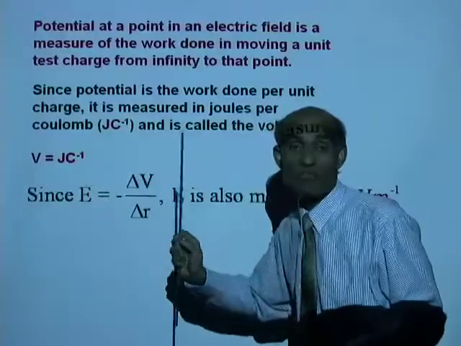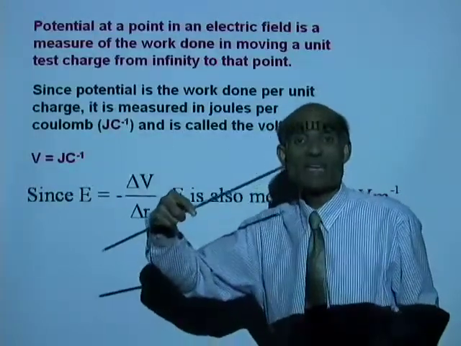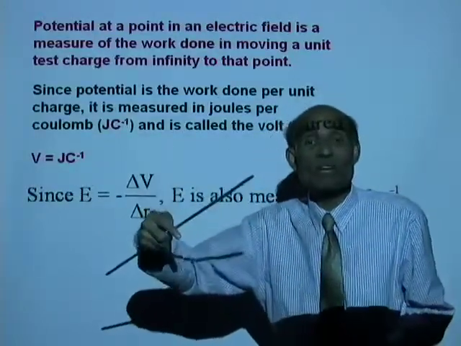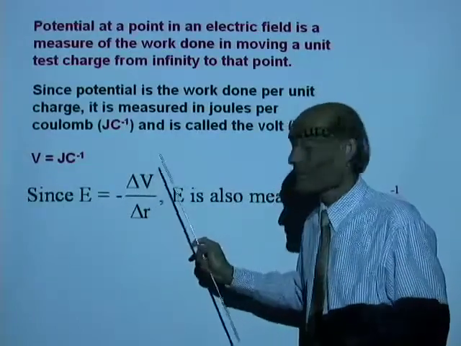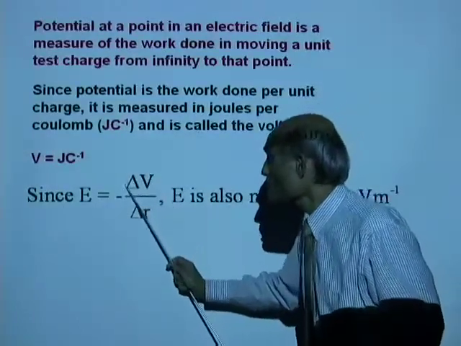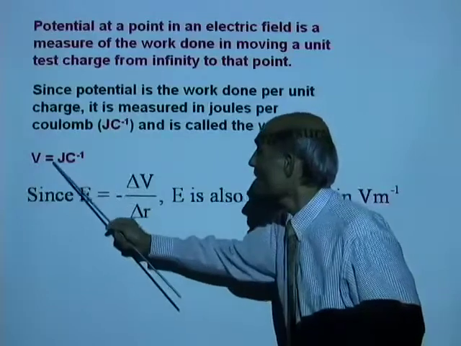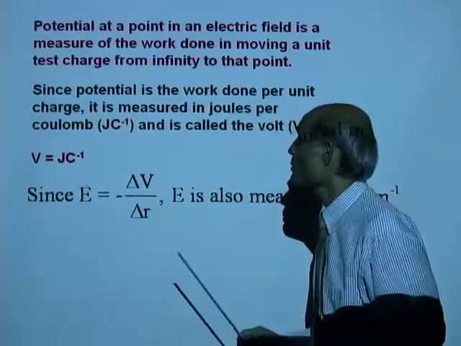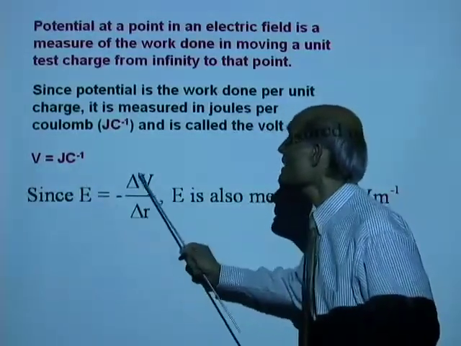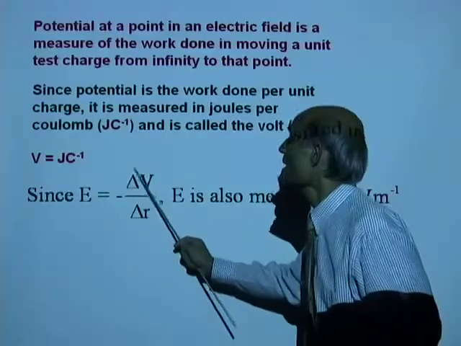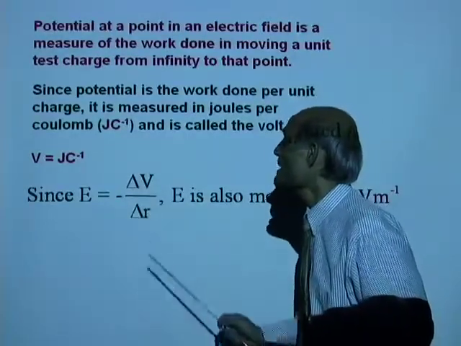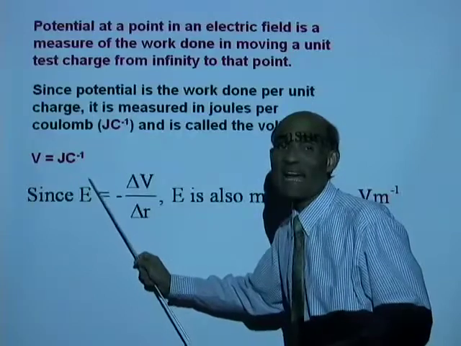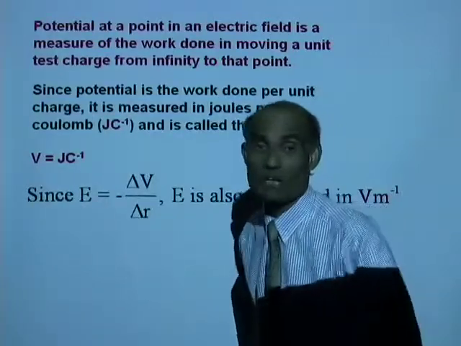Now look at the electric field. We can now obtain a unit for electric field from this. Well, potential difference is measured as joules per coulomb and electric field is delta V divided by delta R. So give me another unit for electric field.